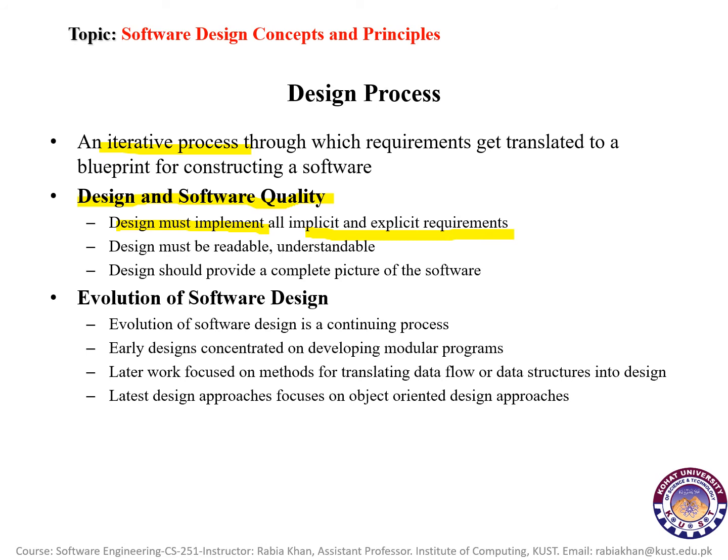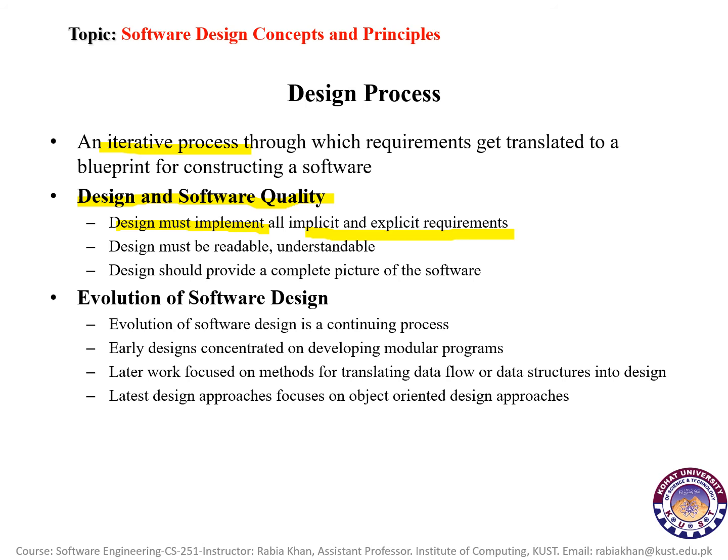All the implicit and explicit, that means implicit are those requirements, if you remember when we were discussing the requirement analysis phase, and we had discussed, or when we were discussing the requirements elicitation process, there was a technique quality function deployment in which we had categorized the requirements of user. Three categories were being generated during that phase. That was normal requirements, expected requirements, and excited requirements.